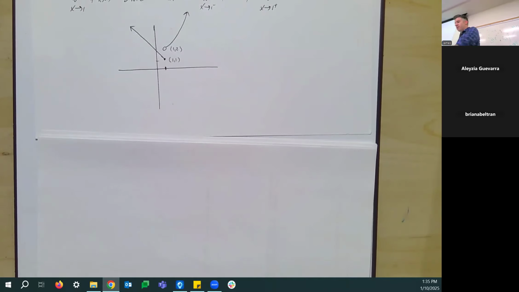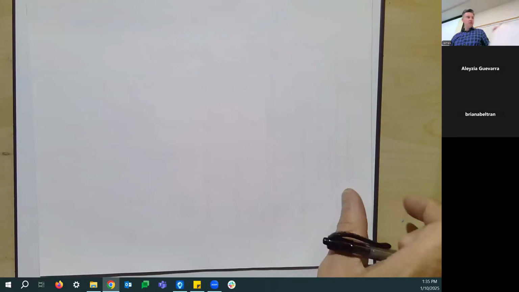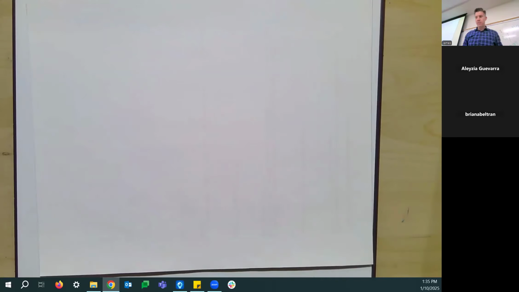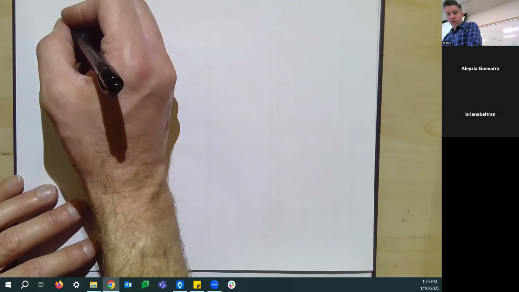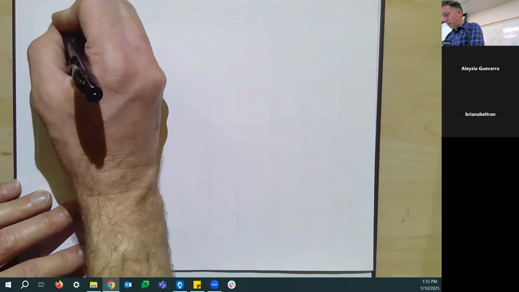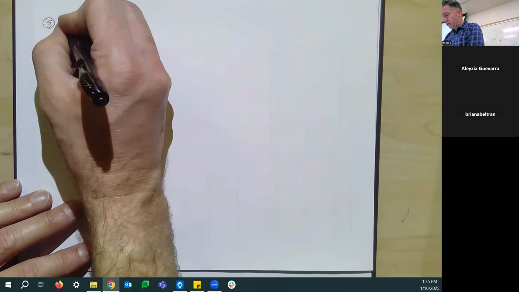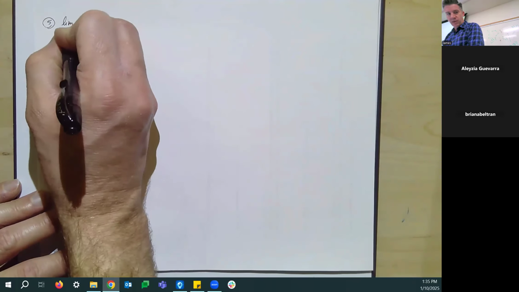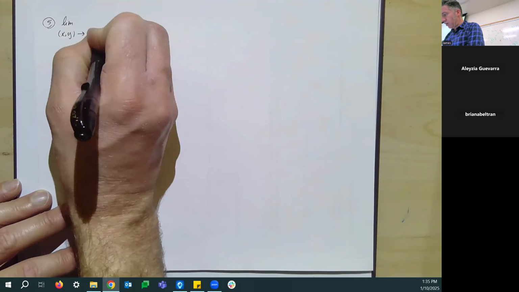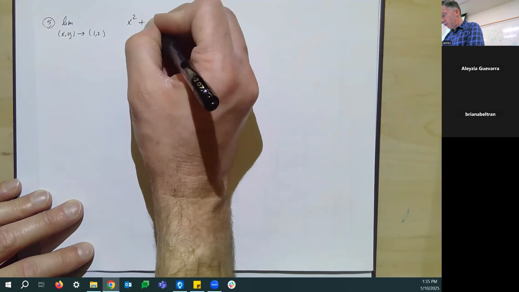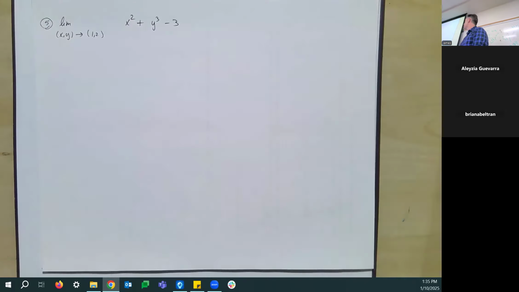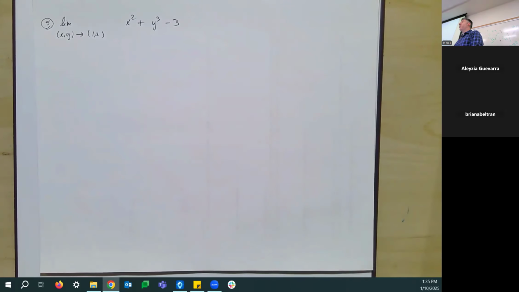Let's start with an easy example. Just like with functions of one variable, functions of two variables have limits that work nicely sometimes. For example, the limit as (x, y) approaches (1, 2) of x squared plus y cubed minus 3. We have no problems here.